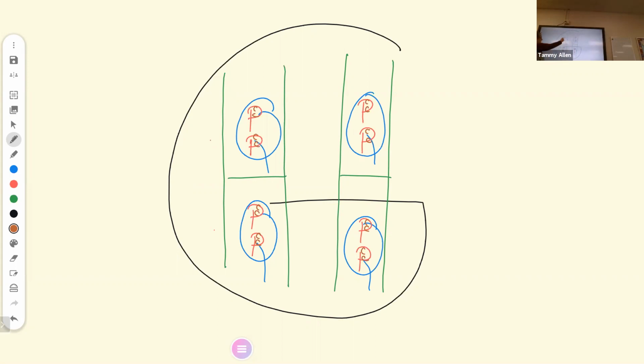Then each of those has 2 pints. Then each of those has 2 cups. Does that make sense?